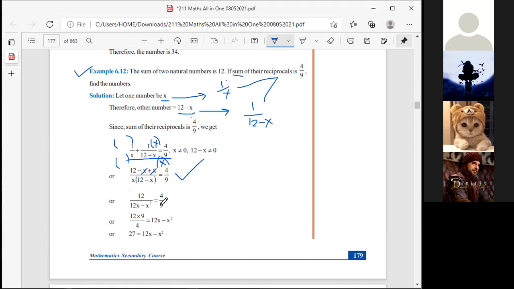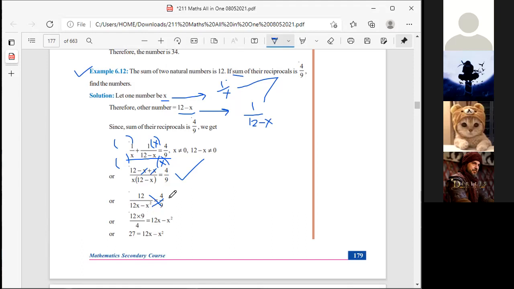Now what we can do is cross multiply. We can multiply 12 with 9 and we can multiply 12x minus x square with 4. Are you getting me? Have you understood this step or you want me to do it?